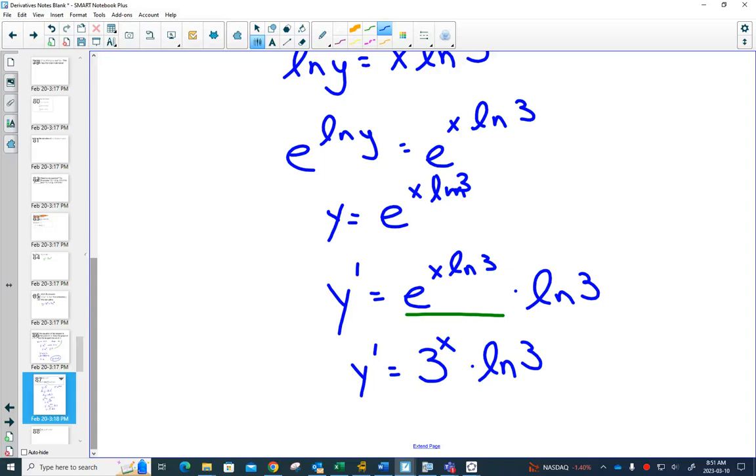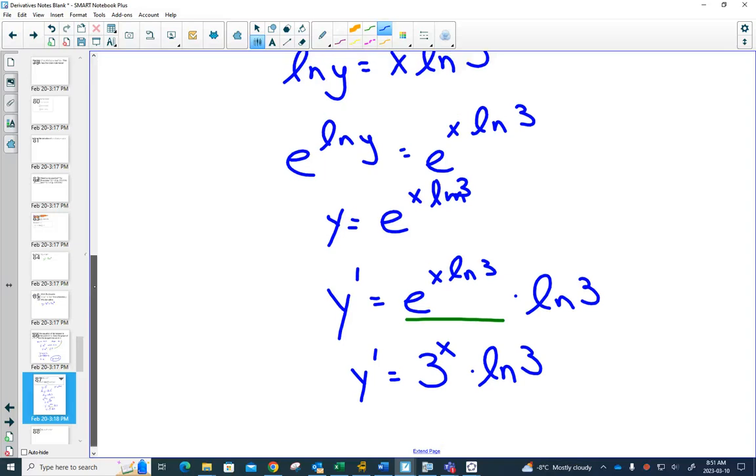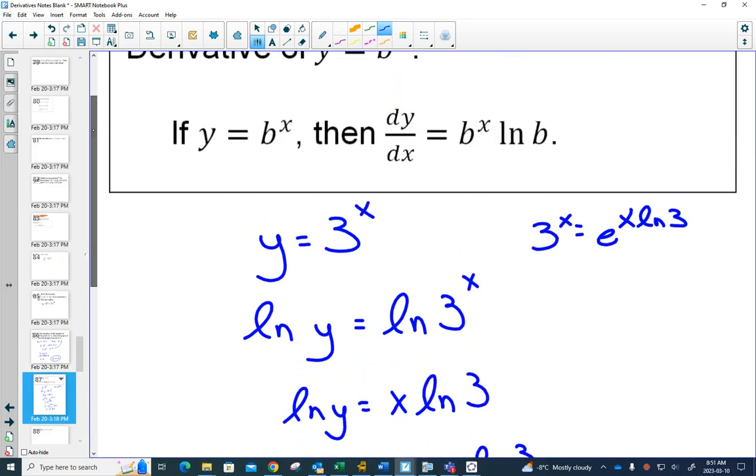So what we just did was we just used a specific example to show a technique of how we could find the derivative of 3 to the x if we didn't know this rule.